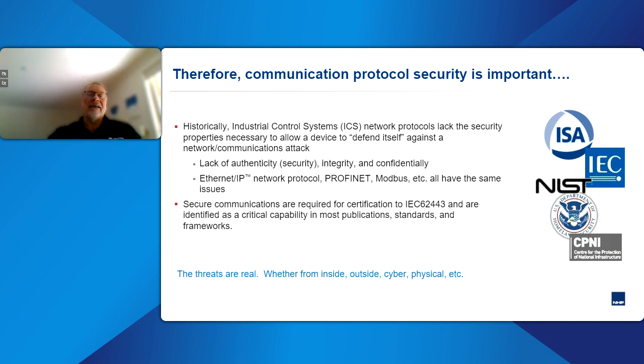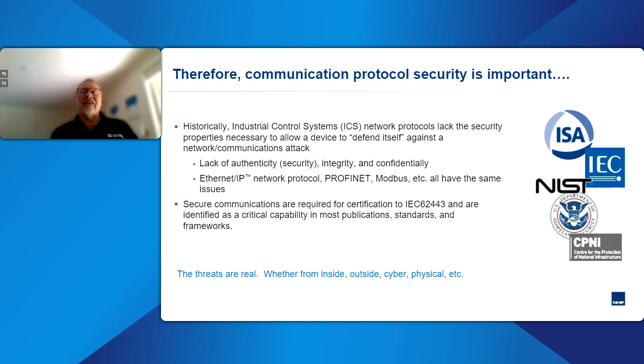So why is CIP security important? Well, as you know, historically, the protocols that we use in industrial automation systems don't have any security. What we mean by that is there's no ability for the protocol to protect itself against intrusion. So protocols like EtherNet/IP, PROFINET, Modbus, etc., inherently when they were brought out, didn't have any security protections in there.